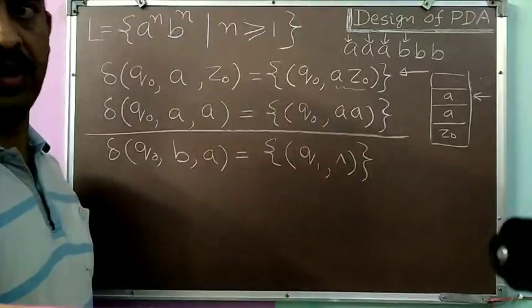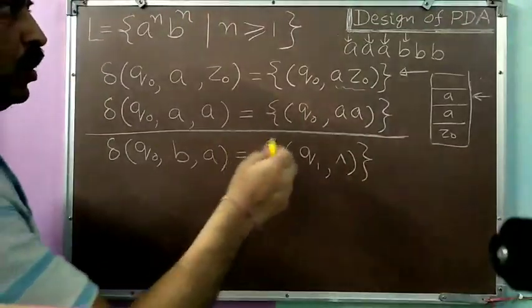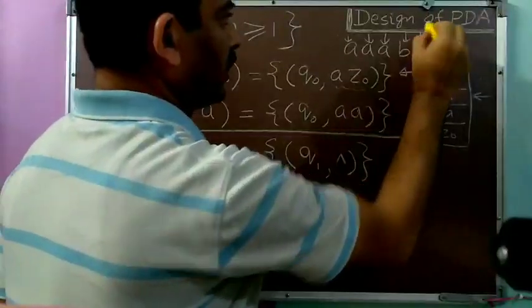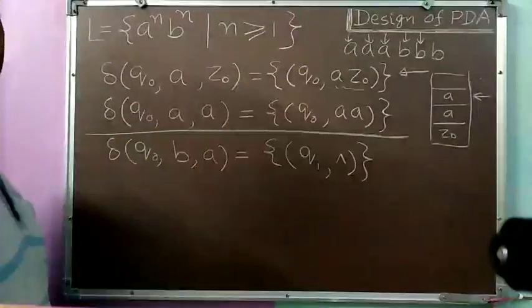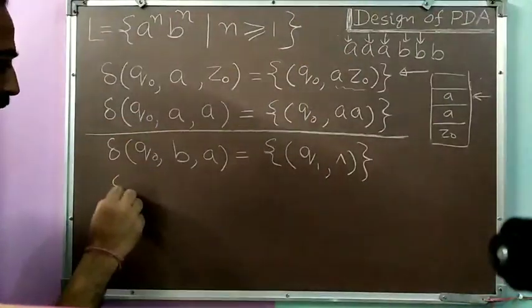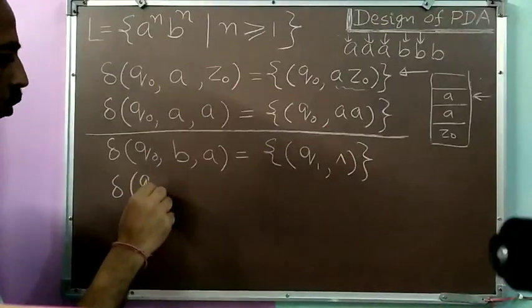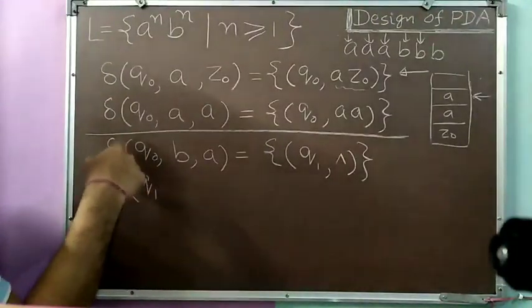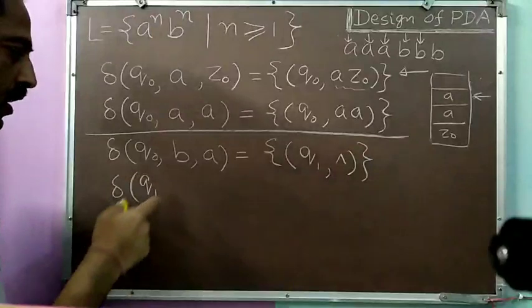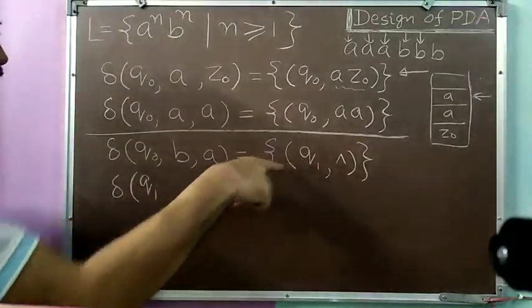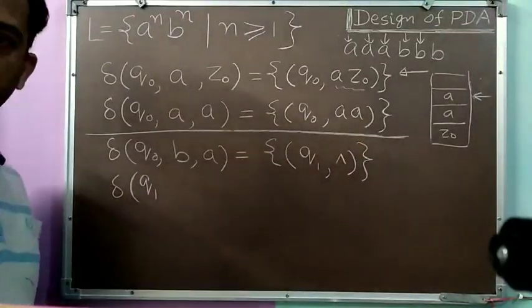Now again, I come to the next input symbol, that is again B. Now I am in the state Q1, not in the state Q0. In the Q0 state, I find the first B. Subsequent B's I will be finding in the Q1 state, because I have changed the state.